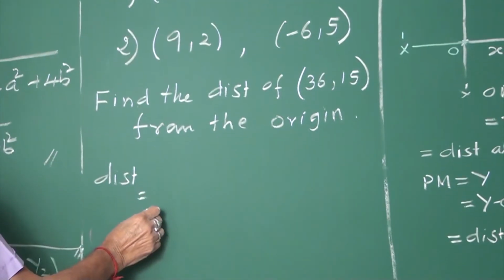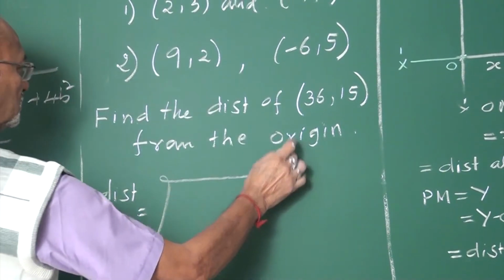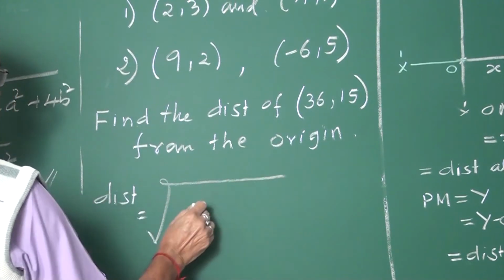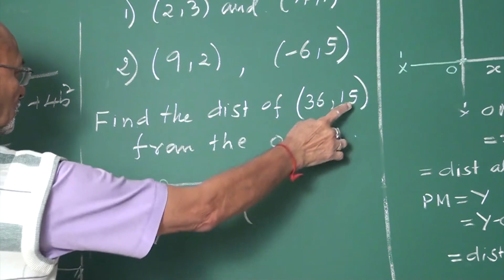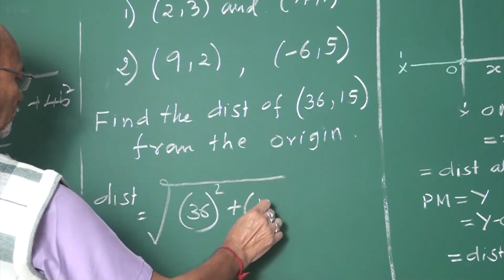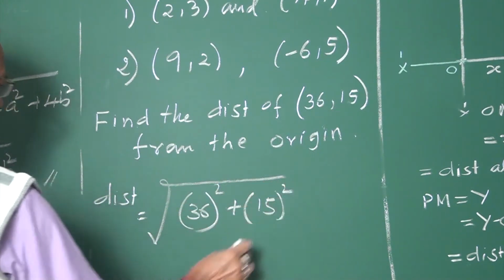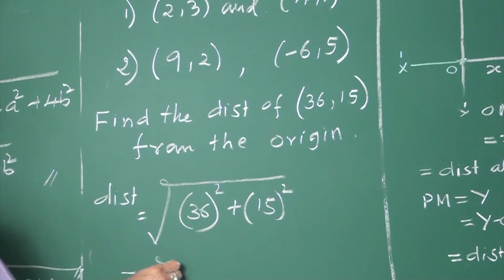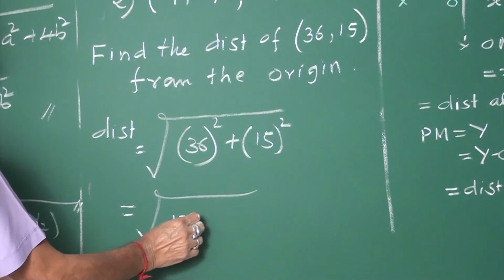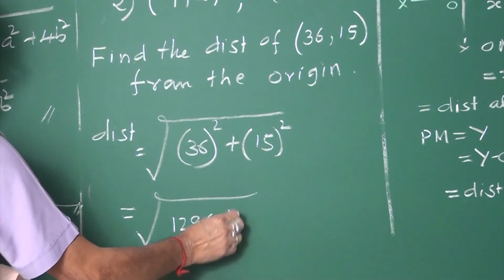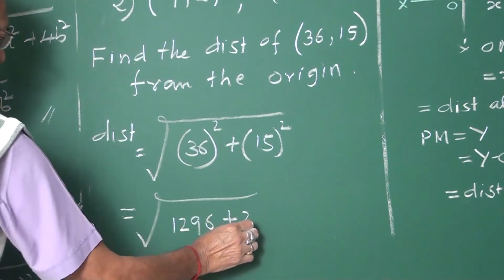Tell my friend, from the origin means what? 36 minus 0, 36 the whole square, plus 15 minus 0, 15 the whole square. Yes, my friend, 36 whole square is 1296. I think I am correct. Plus 15 square is 225.